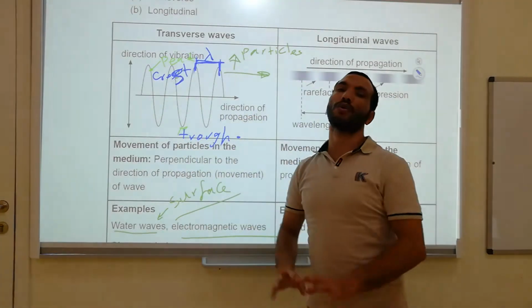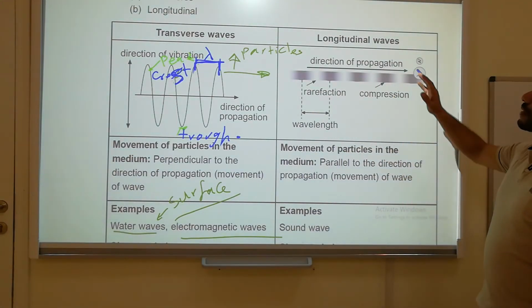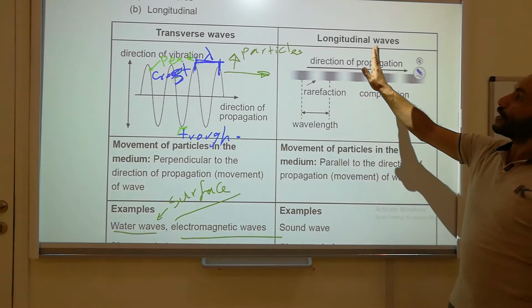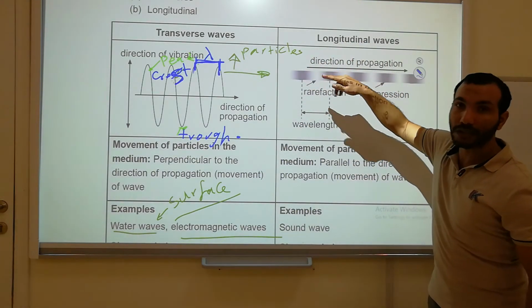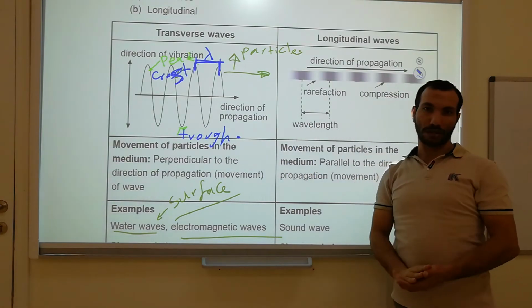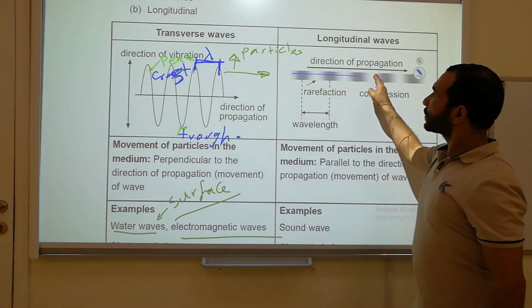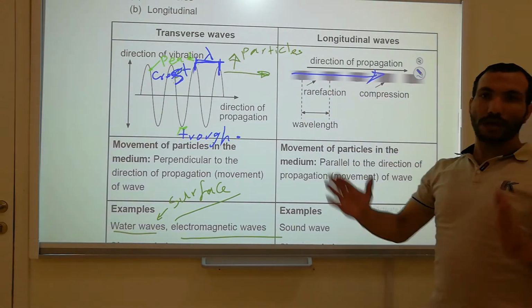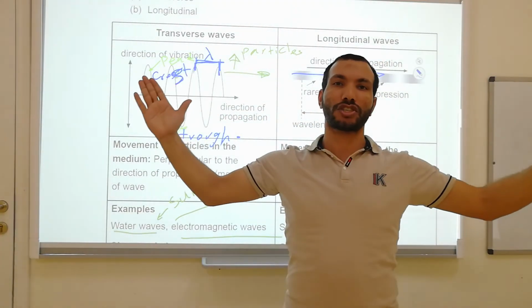Now, longitudinal waves. Here the direction of motion of the particles is in the same direction as the propagation. What does this mean? Both of them are in the same direction. This is called compressions and rarefactions.